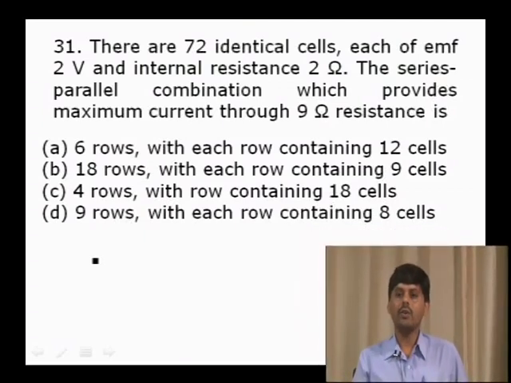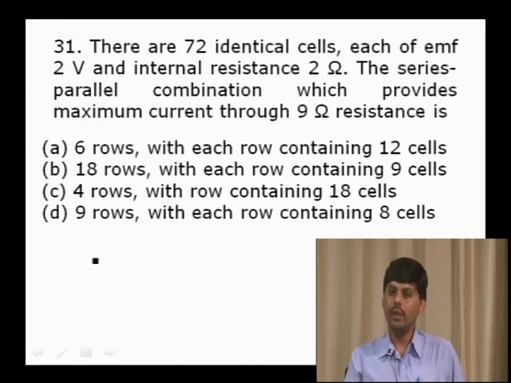B, 18 rows with each row containing 9 cells. C, 4 rows with each row containing 18 cells. D, 9 rows with each row containing 8 cells.